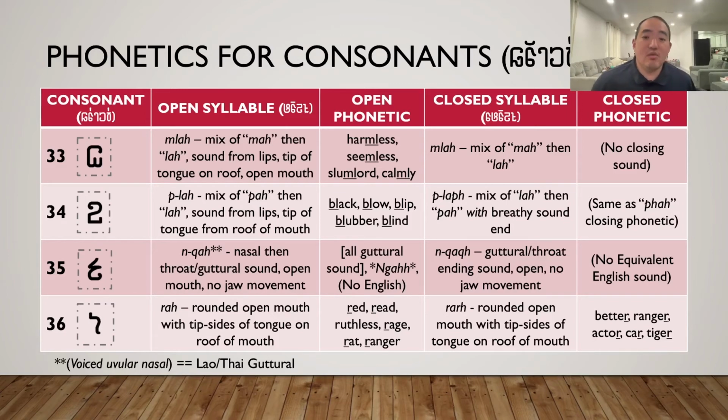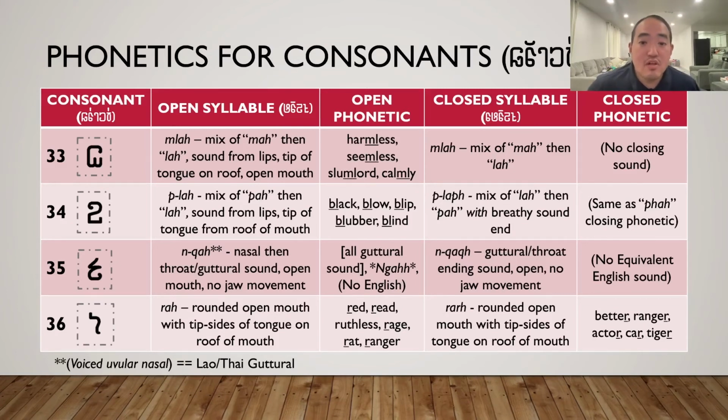You'll hear this in the word black, but it'd be more like a P sound, plaque, and it's not an aspirated sound either. So black, blow, blip, blubber, blind. And that's how you'll pronounce the open syllable sound.